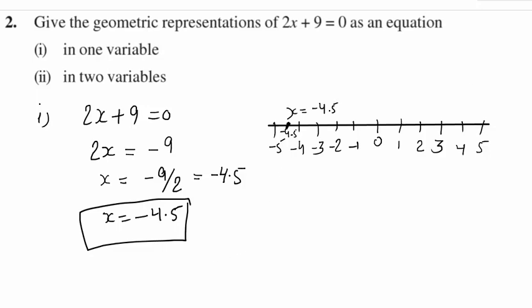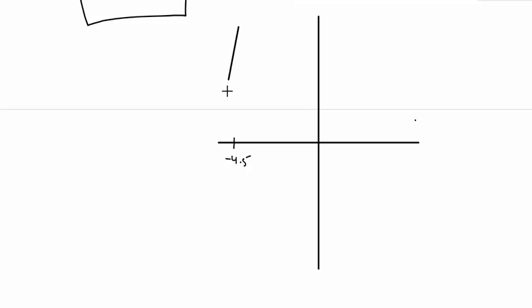For two variables, draw the Cartesian plane. So this is my Cartesian plane. Now x equals minus 4.5. The line will be parallel to the y-axis.